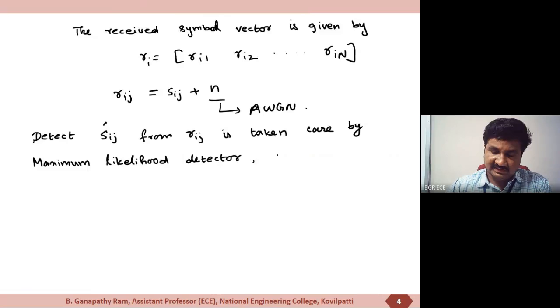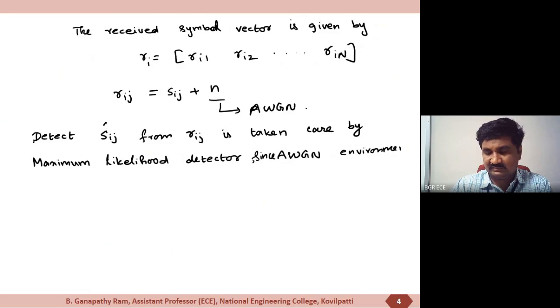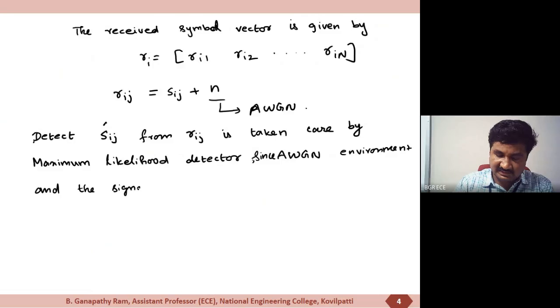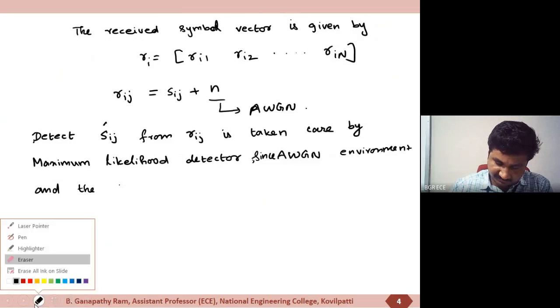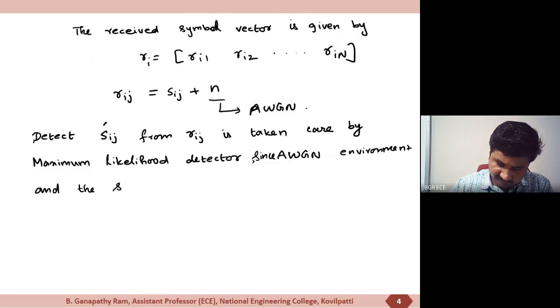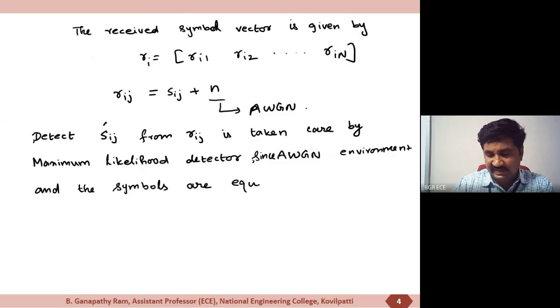Since this is an additive white Gaussian noise environment, and the signals or symbols are equally likely and independent of each other.